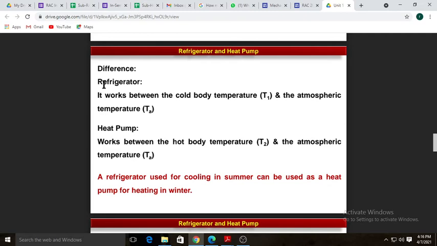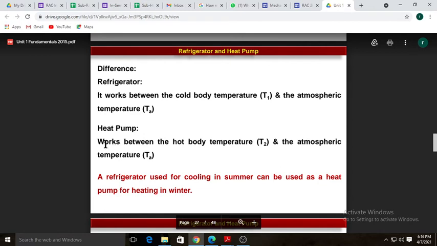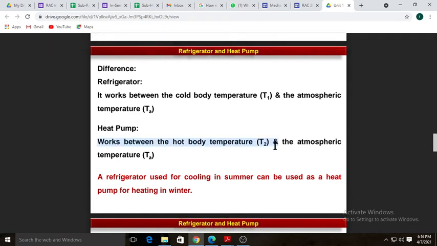And the heat pump works between the hot body temperature T2 and the atmospheric temperature T of A. Where is the heat pump used? A heat pump is used to keep the surroundings hot, or to keep a body temperature higher than the atmospheric temperature. At that time we use the heat pump.